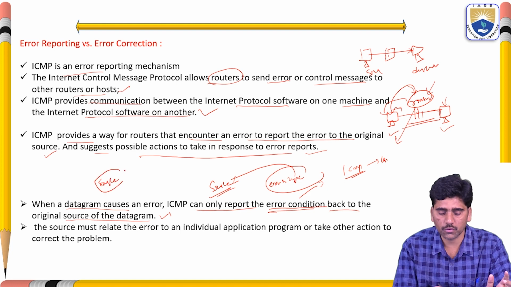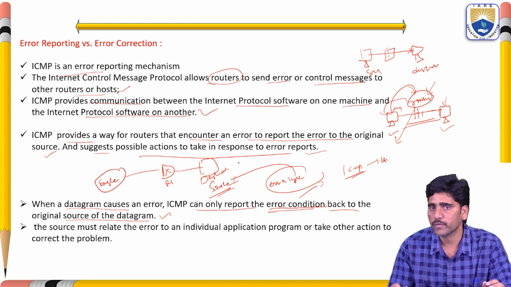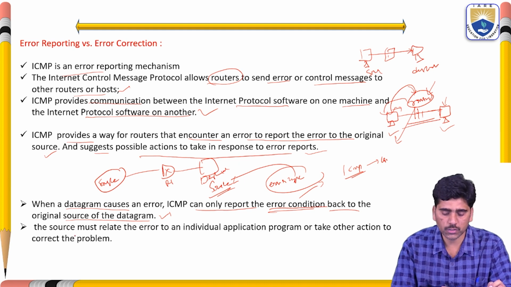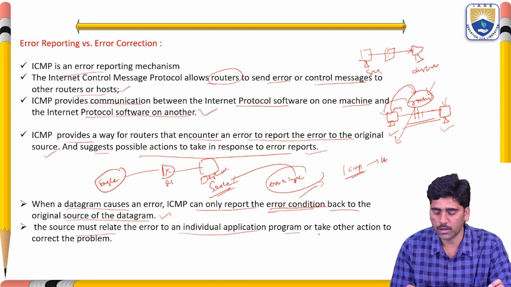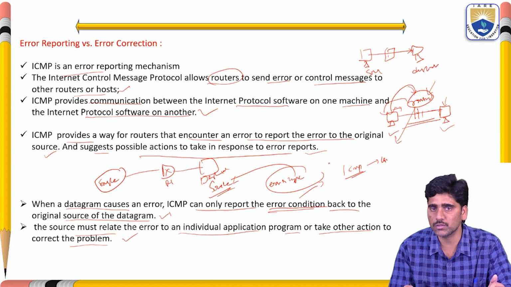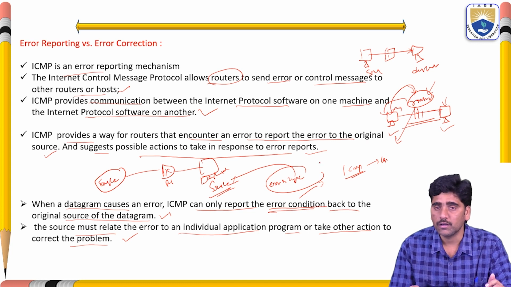The source host has to identify all the problems, rectify them, and send the data transmission through the router to the destination. And the source must relate the error to an individual application program or take other actions to correct the problem. So the source ICMP states whether the problem belongs to the application program or to other error reports.